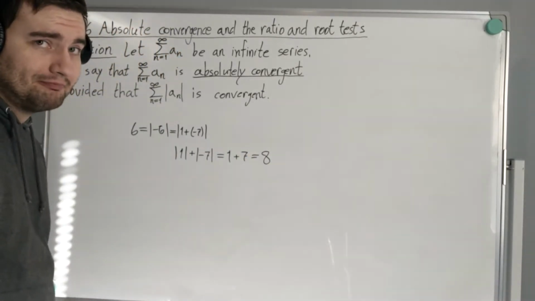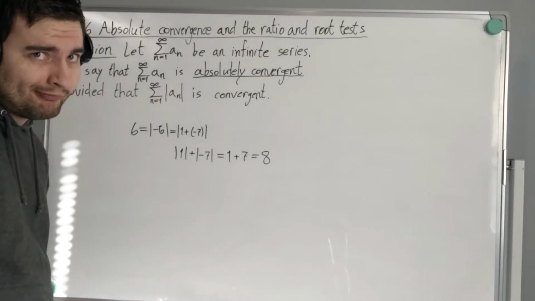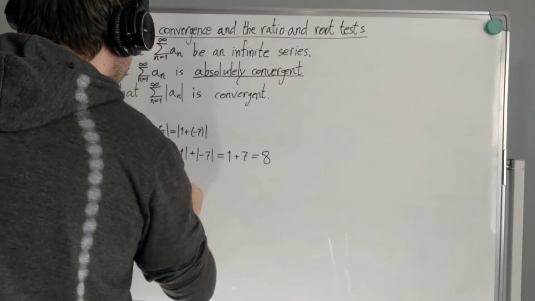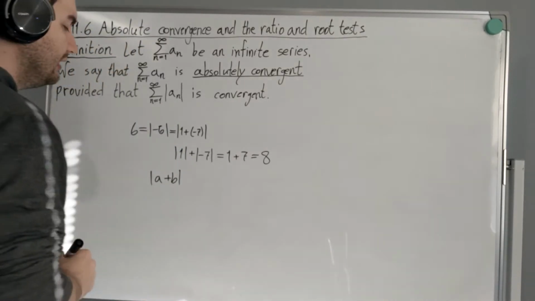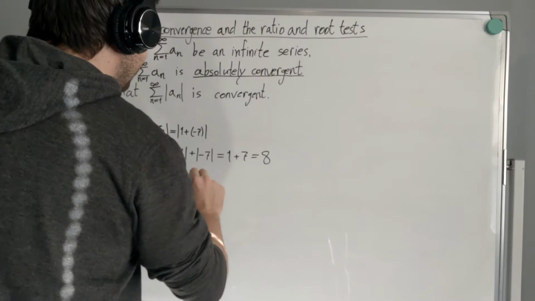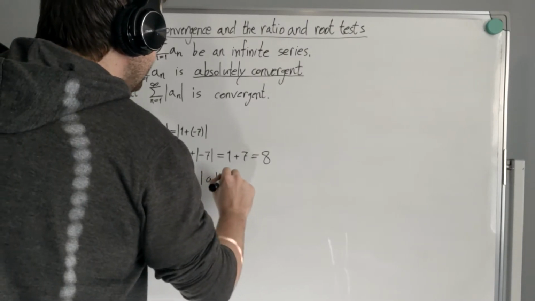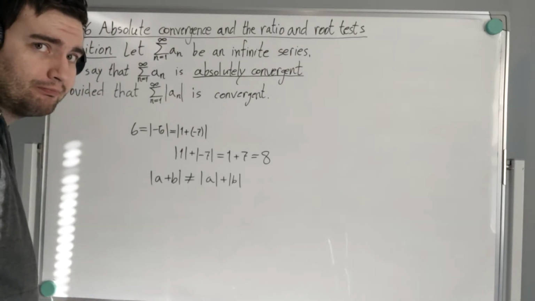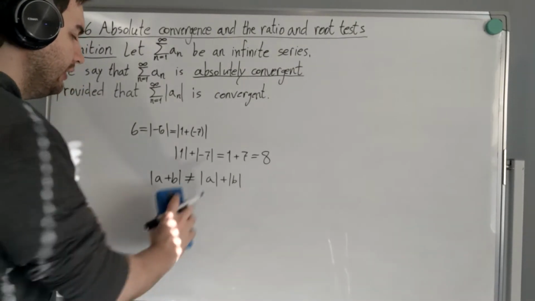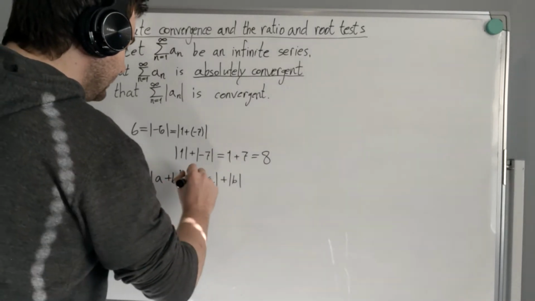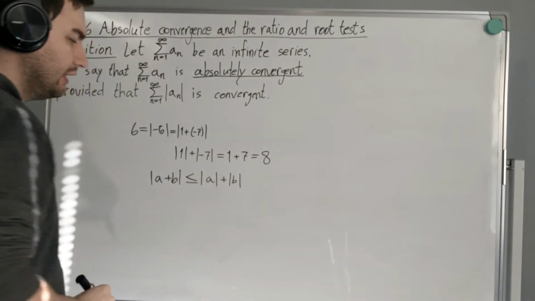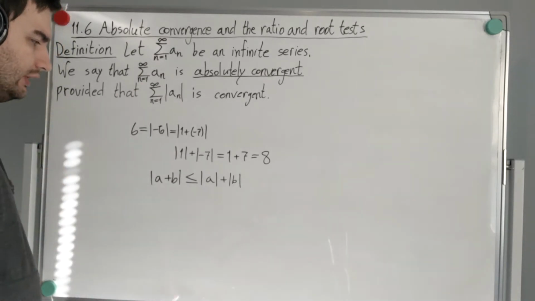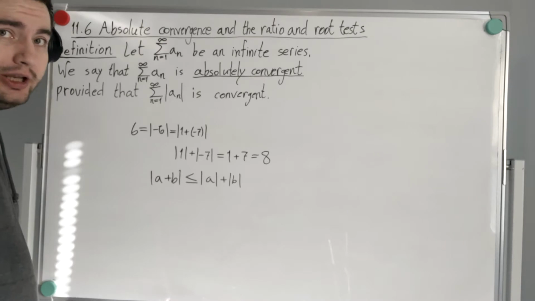So, seeing as how 6 is not the same as 8, that means that if you have real numbers a and b, then the absolute value of a plus b is not going to be the same as the absolute value of a plus the absolute value of b. There is a fact called the triangle inequality, which says that this thing on the right will always be at least as large as the thing on the left. But they certainly don't have to be equal.